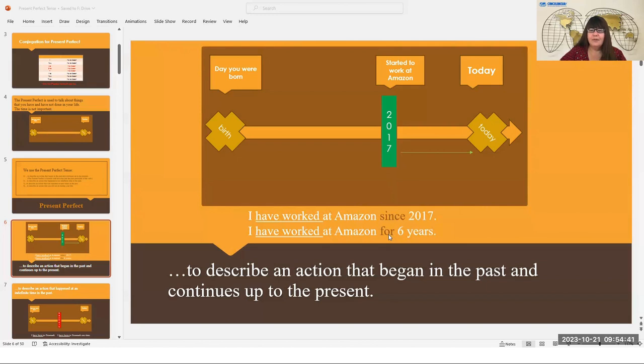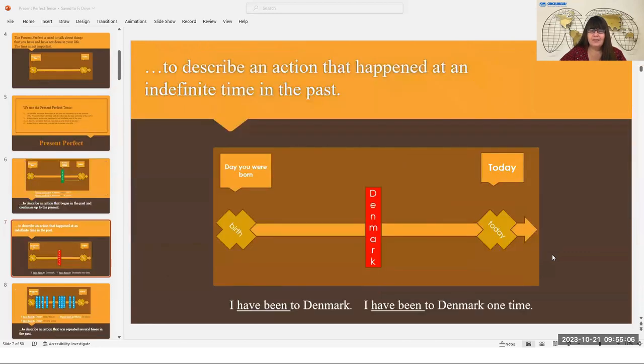When we use for, it's going to give us the amount of time: for 6 years, for 2 weeks, for 3 days. And when we look at all of our examples in this lesson, we'll see other examples using since and for. Let's look at the next way that we use the present perfect tense.